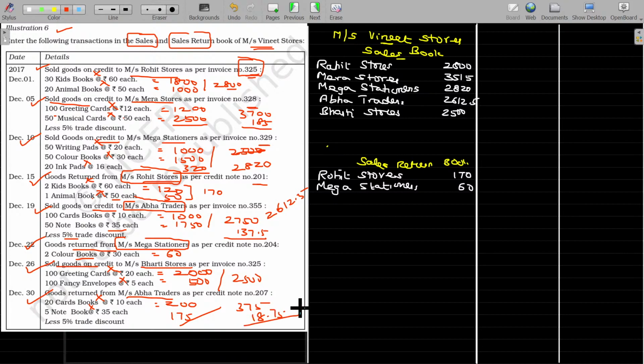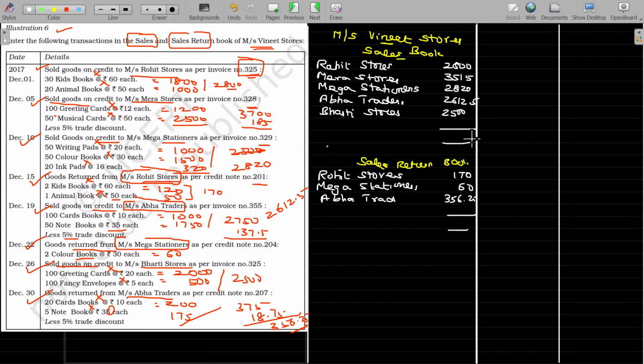If I subtract this, the value being 356.25. So, Abba Traders. In the text, they have considered this being 30 in the solution. Right. 356.25.